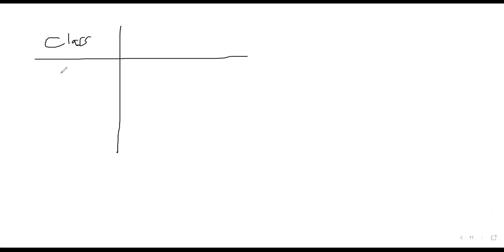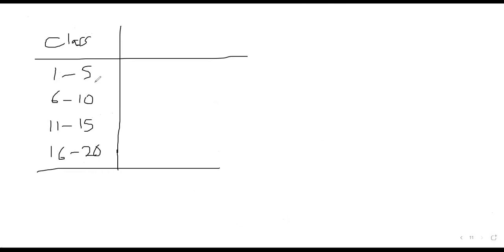Data can later be regrouped in classes. These classes we could have as follows: 1 to 5, 6 to 10, 11 to 15, 16 to 20. So this is called a class.